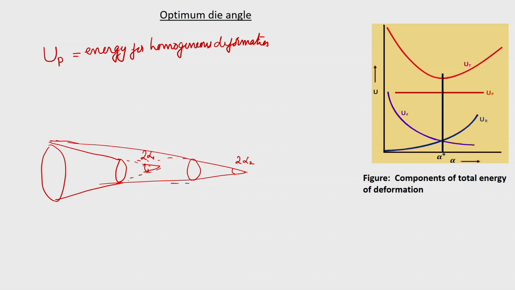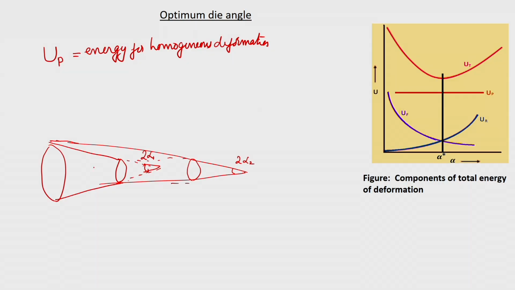Whereas with the die angle increasing, this distance, the deformation zone length, keeps on decreasing. So, when the deformation zone length keeps on decreasing, the total contact area between the die and the workpiece decreases, as per this figure, so these two cases are there, this is one and this is the second case.